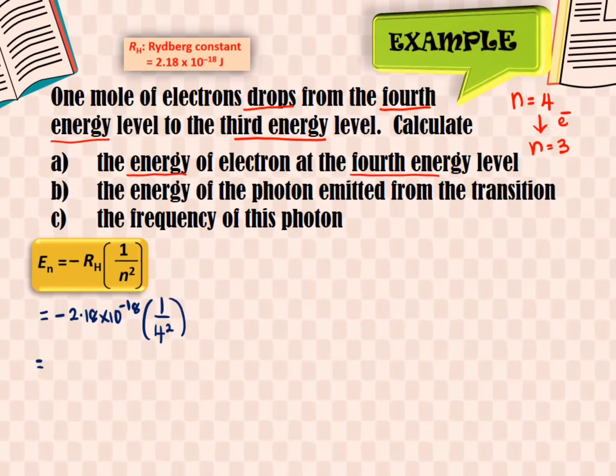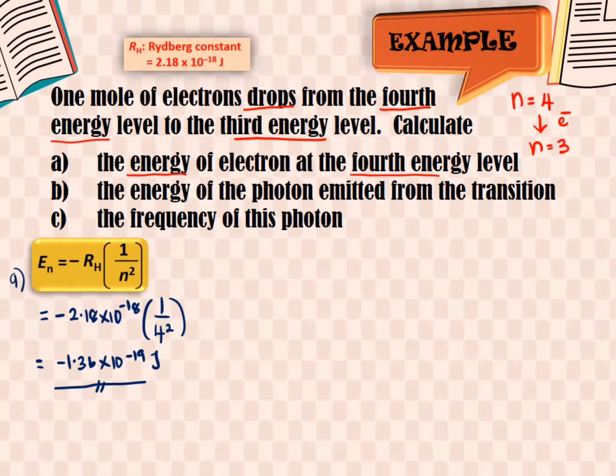So, you will get the answer negative 1.36 times 10 power of negative 19 joule. So, unit of energy adalah joule. So, don't forget to write the final answer. Okay, the unit.